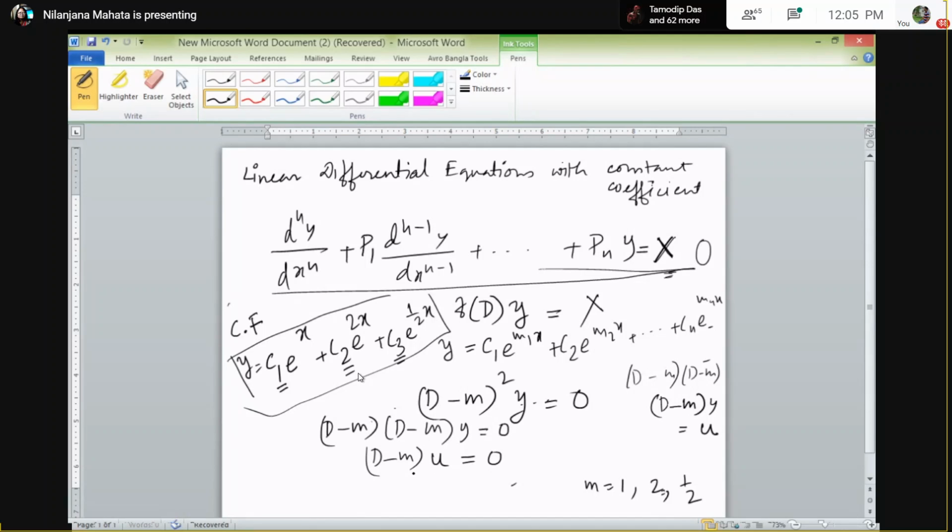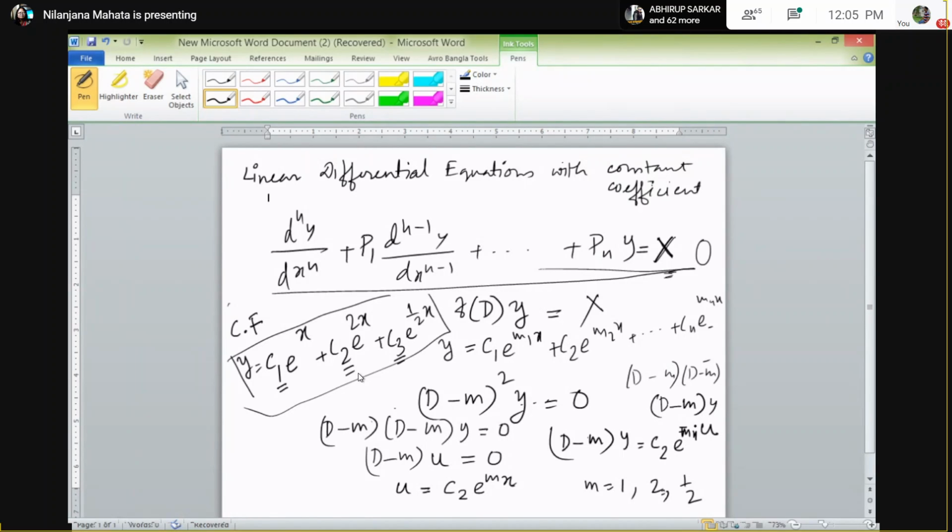So this is a linear differential equation. So you have got u equal to c2 e to the power mx, and now I will solve this D minus m y equals c2 e to the power mx.